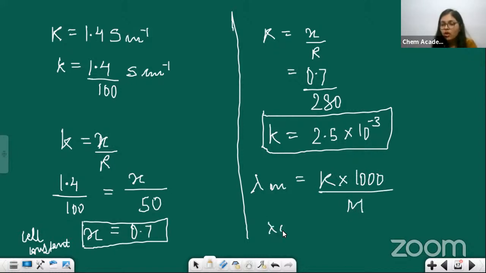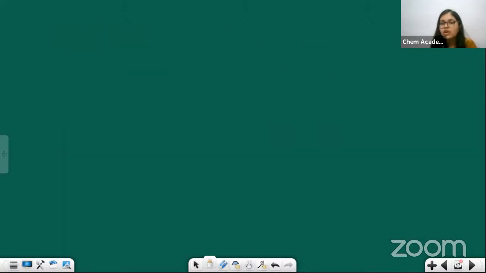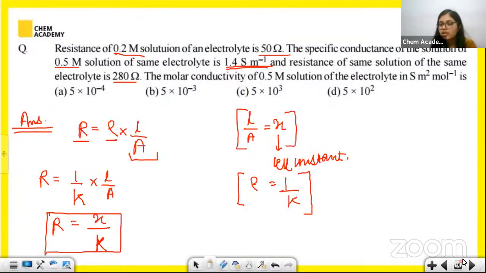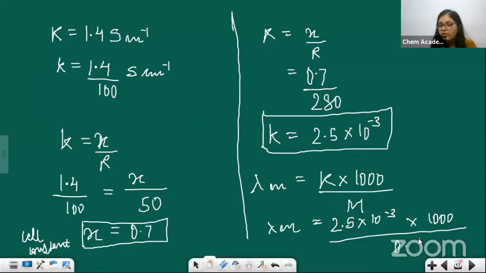Now, on putting in the values, we will get 2.5 into 10 raised to the power minus 3, into 1000 divided by the concentration. The concentration here was 0.5. Quickly solve this and tell me the value for molar conductivity.